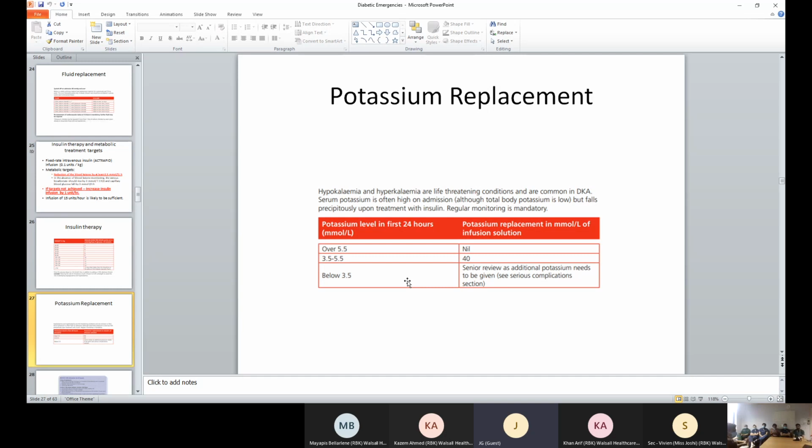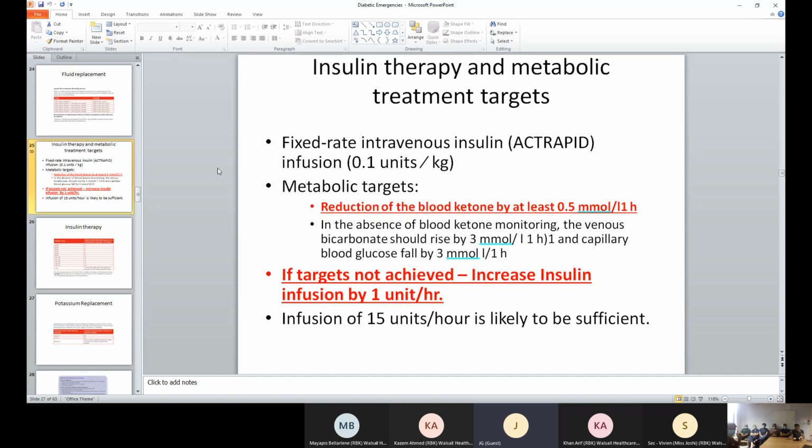There's another important learning point in the DKA. This is where I have come across issues so many times. That's why I'm emphasizing that this is what you should be looking for. When you are initiating the insulin, in the first bag, can you give 20 in 1 hour?